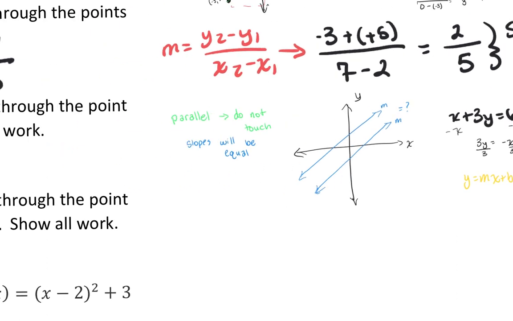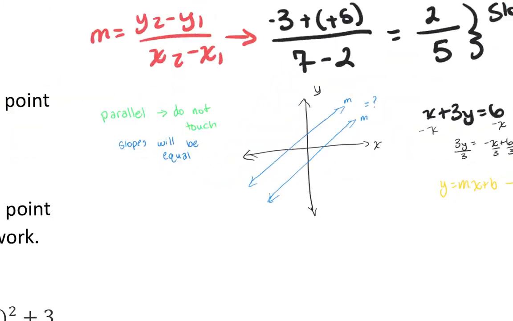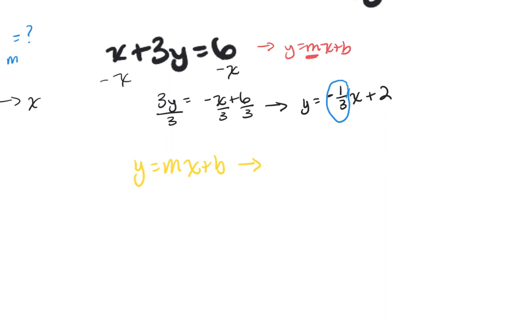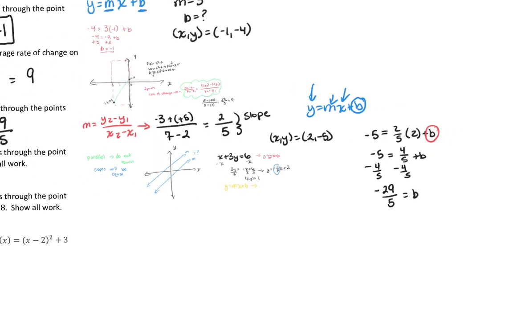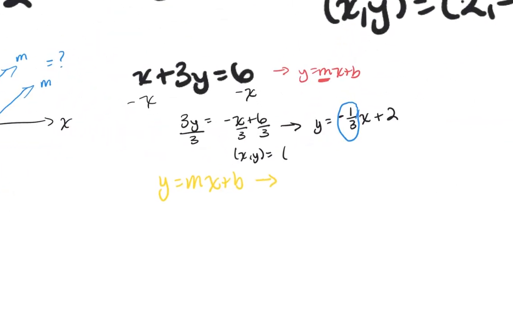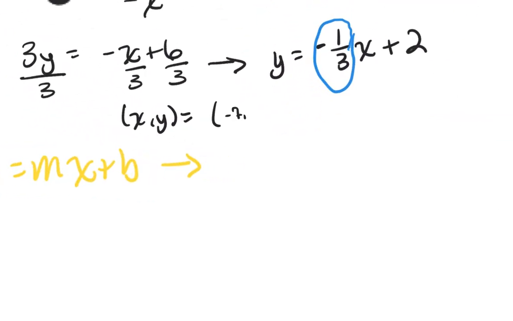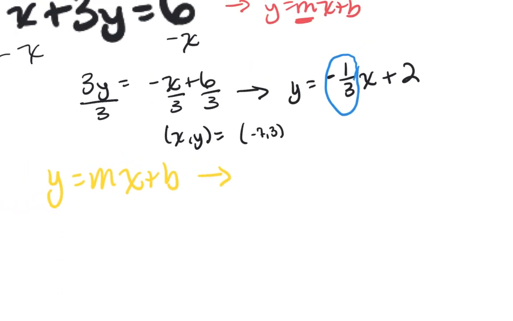We know a y from our point, x, y is, sorry, I keep forgetting, -7, 3. So if we plug in here, we know our y is 3.